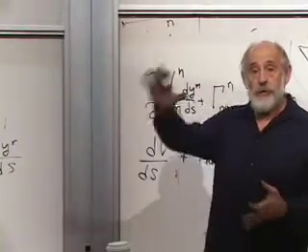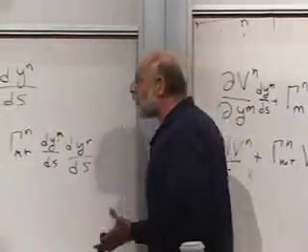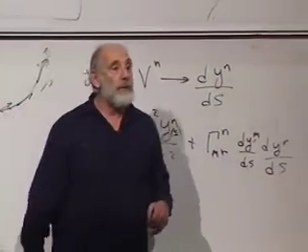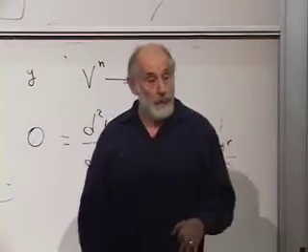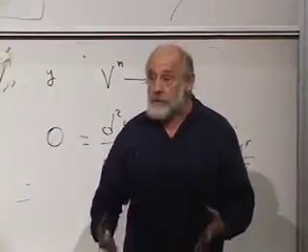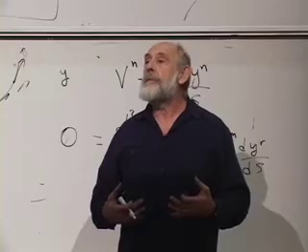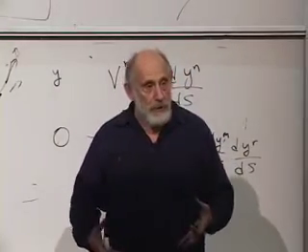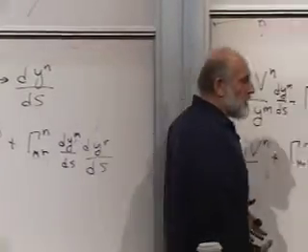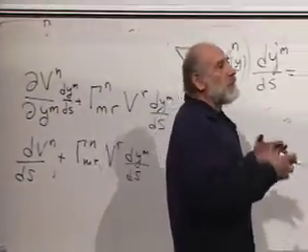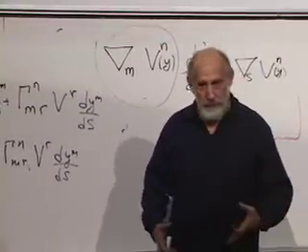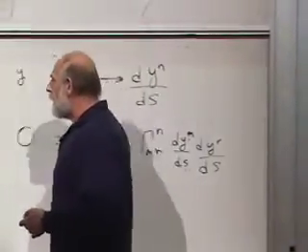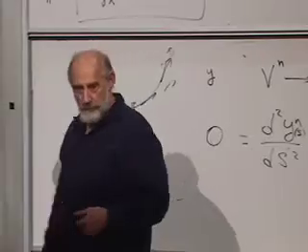Can it be true in a general curved space that you can find curves, special curves, which have the property that the covariant derivative of the tangent vector along them is 0? The answer is yes. And those curves have a name. Geodesics. Geodesics are, if you like, the straightest possible curves in the space. They have the property that the covariant derivative of the tangent vector is 0.